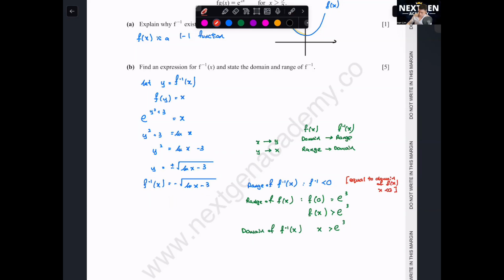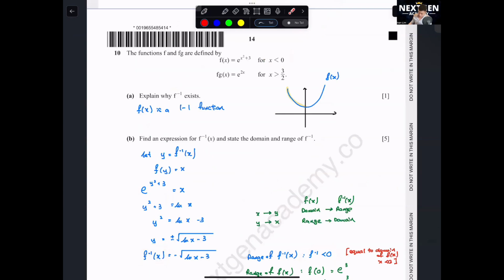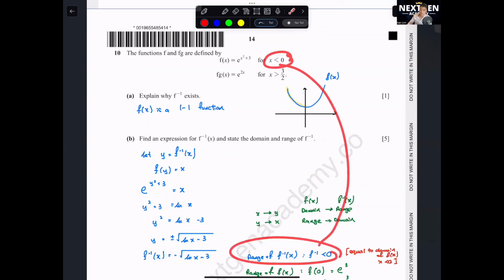Understand this part? If you take a positive square root, the square root value will always be positive. Your range, your y value of f inverse x, needs to follow this criteria, which is less than 0. So you cannot get a positive value because of what is given here. This range follows this domain.